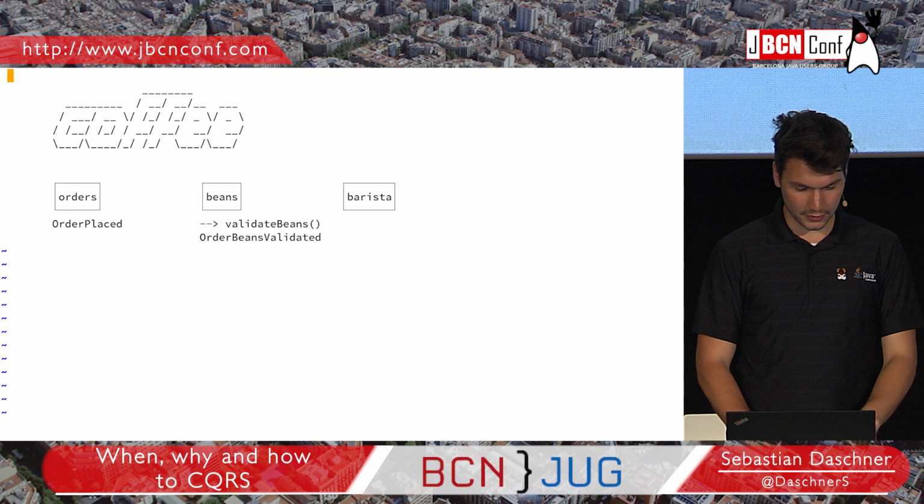And then again, the order system listens to those events and says, okay, nice, now it's validated. For us, that means the order is accepted. So internally, it issues the command accept order. And then the order will be accepted, so there will be a new event, order accepted.